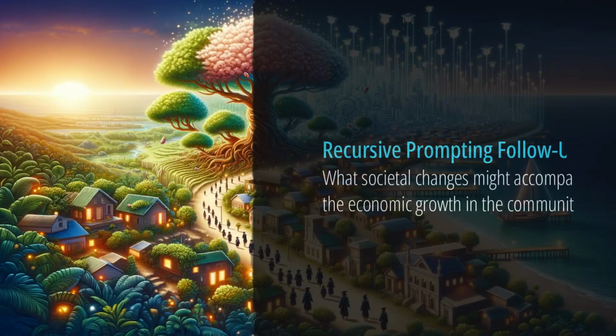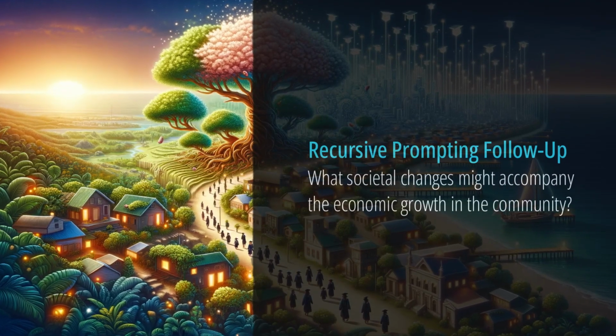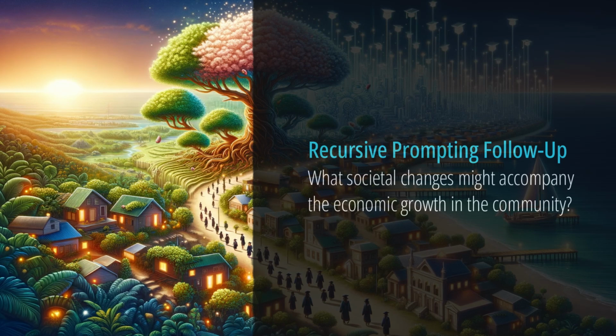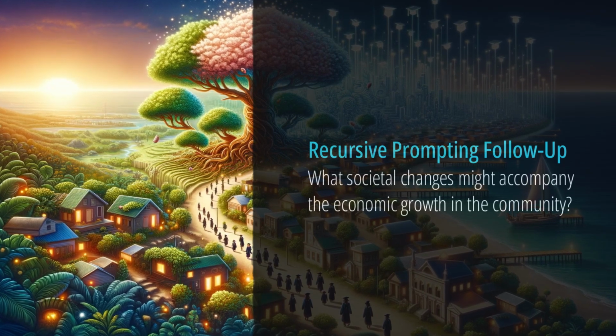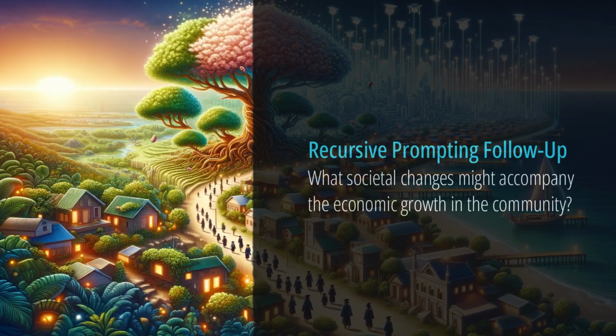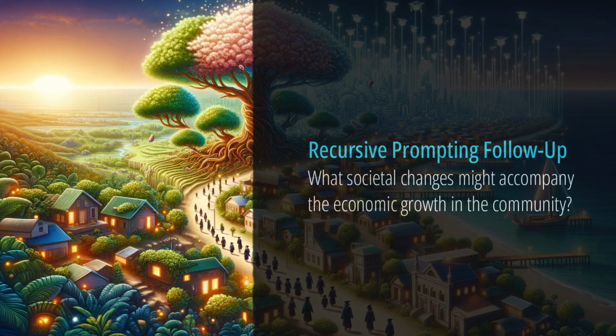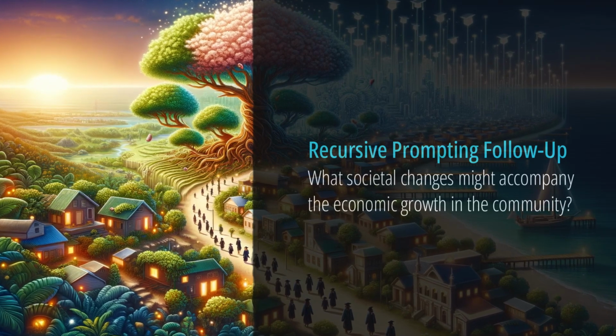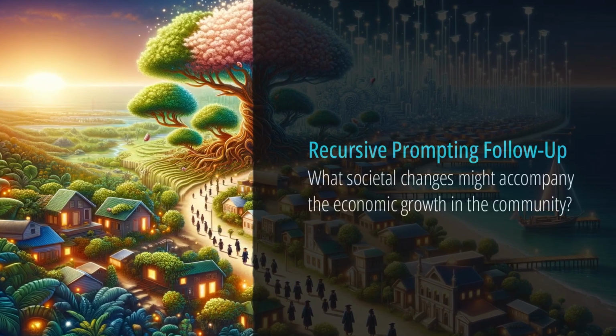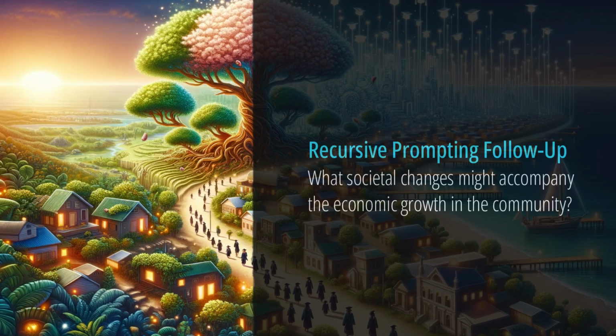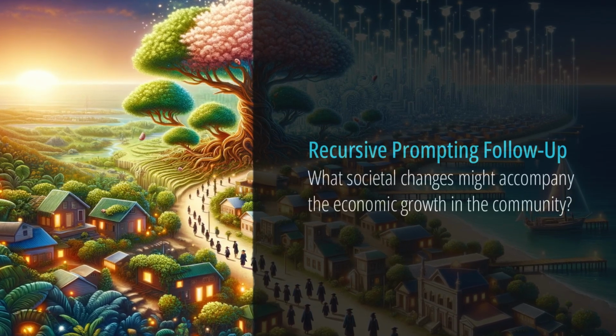Continuing the recursive chain, you can further inquire, what societal changes might accompany the economic growth in the community? Here, the AI can delve into how economic development could lead to social changes, such as the emergence of new leaders, educational initiatives, and a stronger sense of community pride.